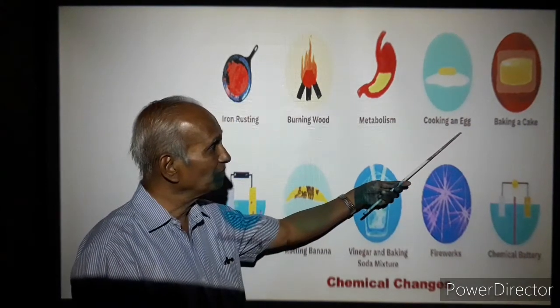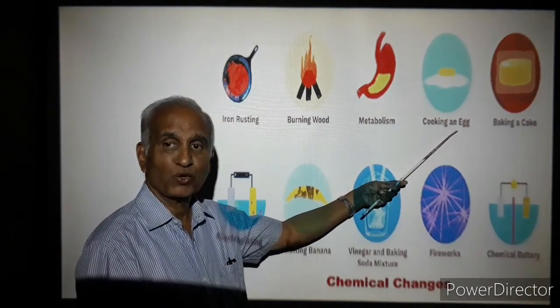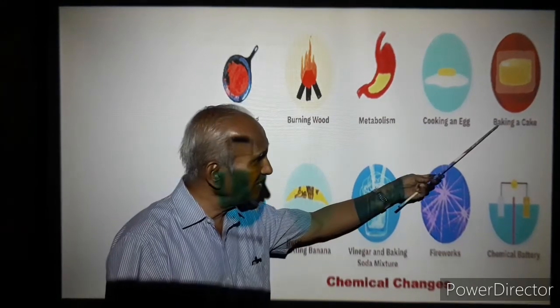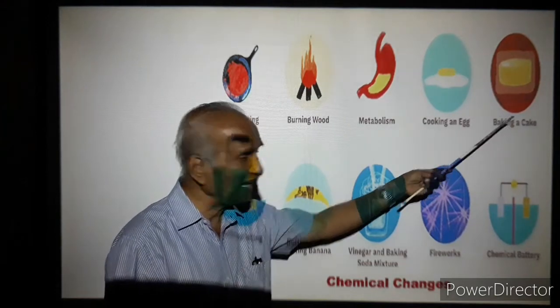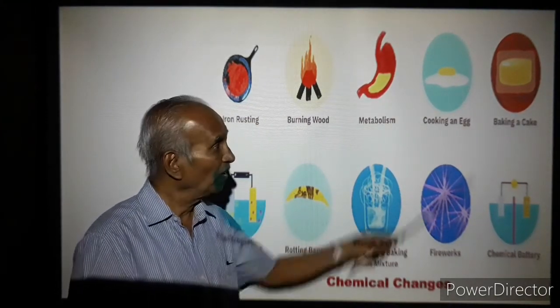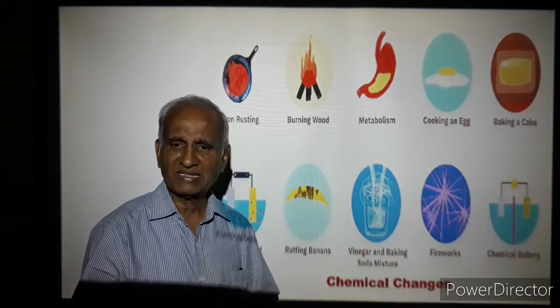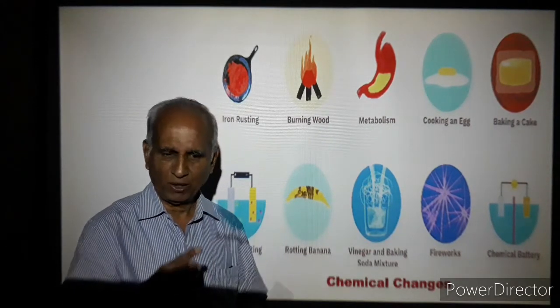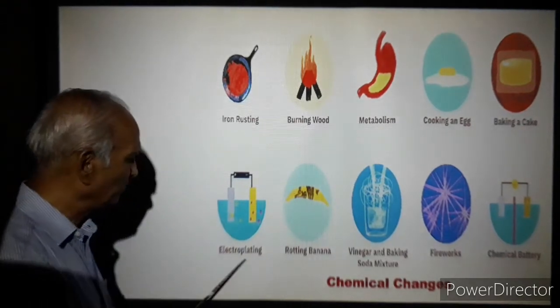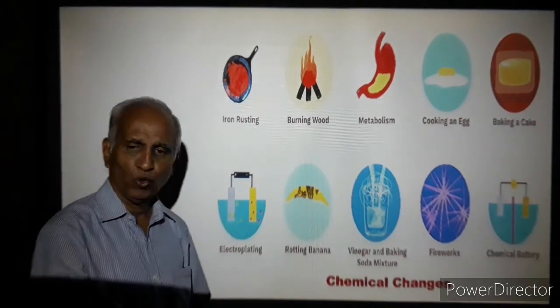Cooking an egg is a chemical change. When you cook an egg, it undergoes tremendous changes. Then baking a cake. When you prepare a dosa or a cake, what happens there is a chemical change. There are a lot of chemical changes taking place, and you have the cake. Electroplating. An old vessel is there.